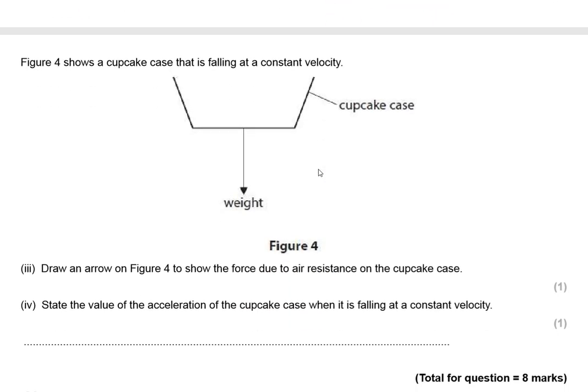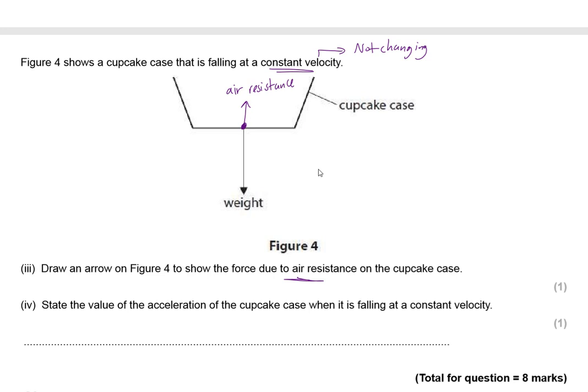Done. Now the cupcake is falling at constant velocity. So the velocity is not changing. Now draw the air resistance. Air resistance, we know, is going to go up. So from the center here, goes up, and this is air resistance. Now the length of the arrow doesn't matter.